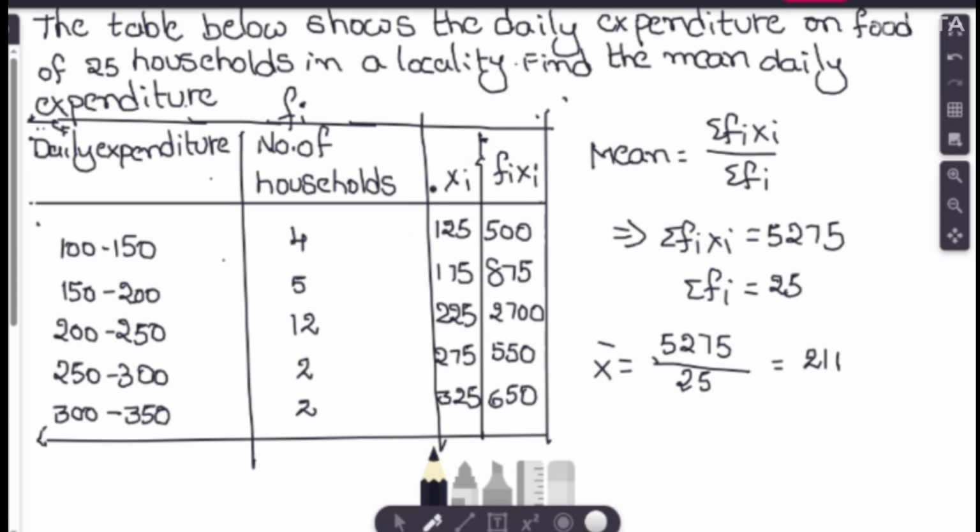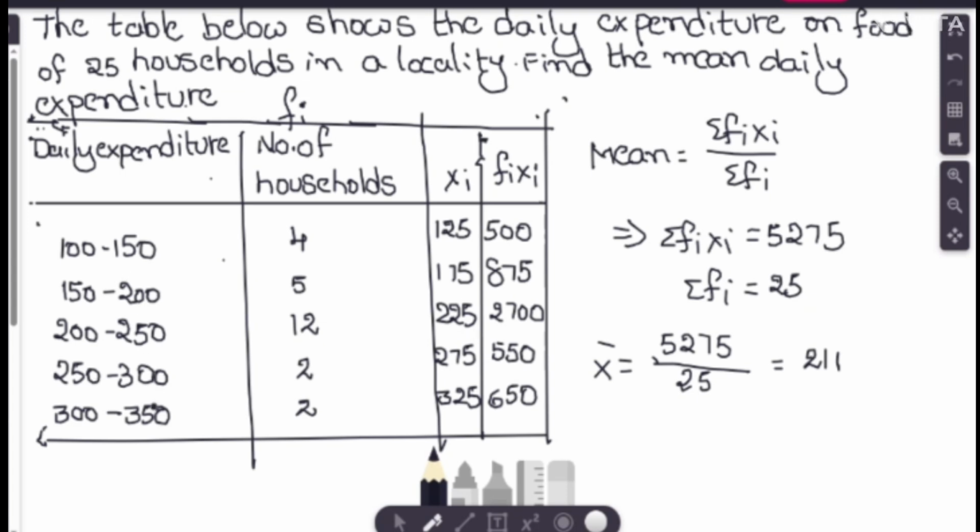Here to find the mean we need the xi column. How to make it? First you add lower boundary and upper boundary. 100 plus 150, 250 divided by 2, then 125. Same, 150 plus 200, 350 divided by 2, 175. 200 plus 250, 450 divided by 2, 225.